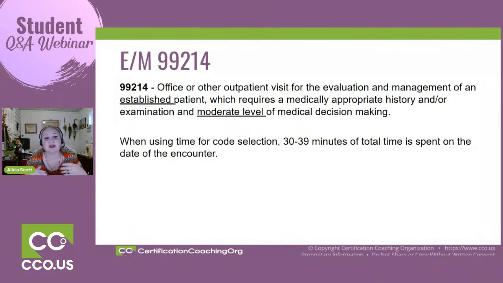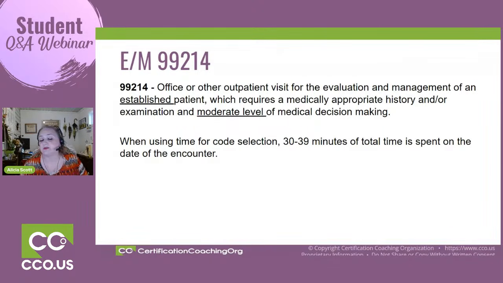And it's not like we're trying to game the system. It is true, we want to give our providers the leveling that they deserve for the work that they're doing. However, we do have guidelines that we have to follow, and we can't be padding or adding.